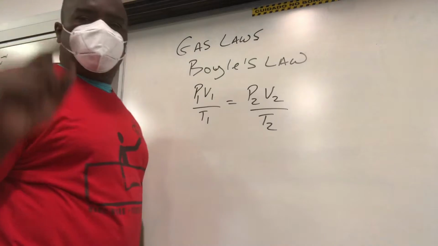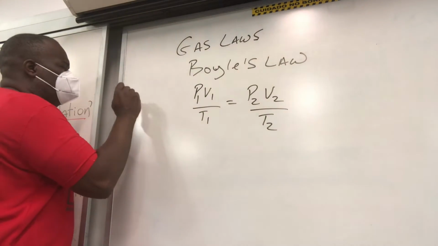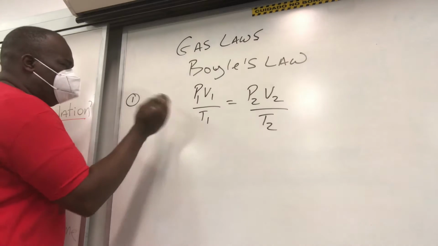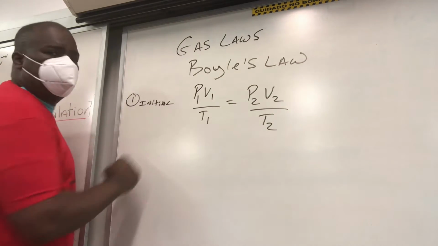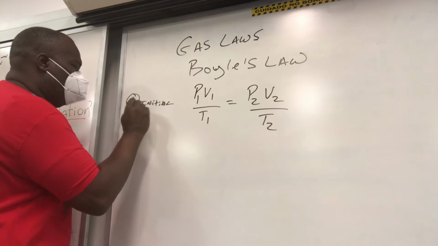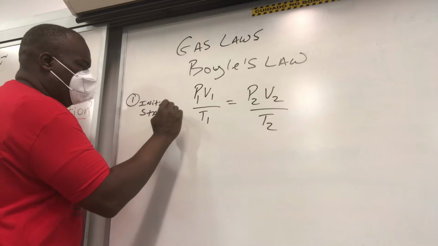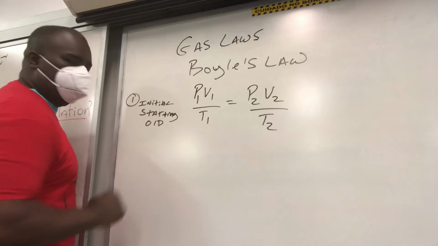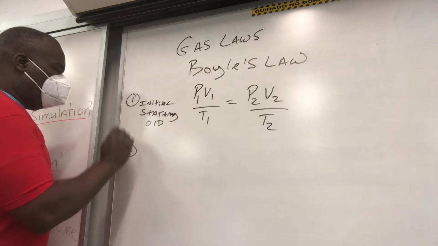the ones represent initial, okay? So I'll put it over here. The ones represent a number of things, all meaning the same thing. They represent the initial conditions, or the starting conditions, or the old conditions, the beginning, okay? Now, if you know one, you know the other, right?